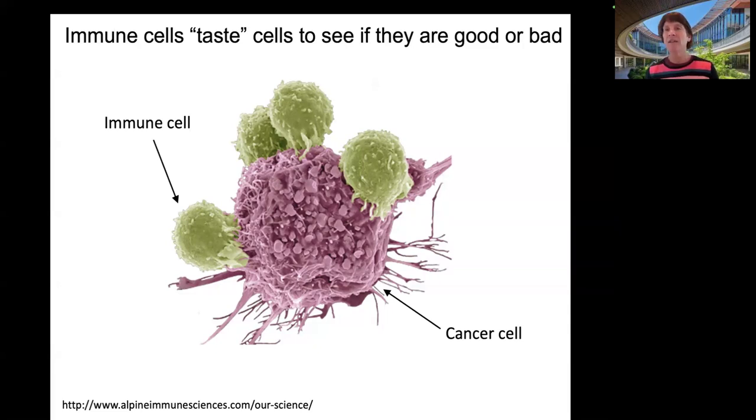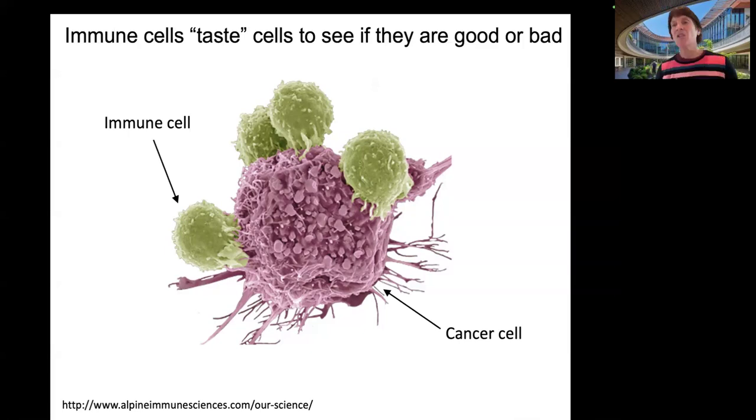And what your immune cells do, like for a living, their job is to circulate throughout your body and sample all of your other cells one at a time to determine whether those cells are good, healthy cells or bad, damaged cells. And a cancer cell is a damaged cell.